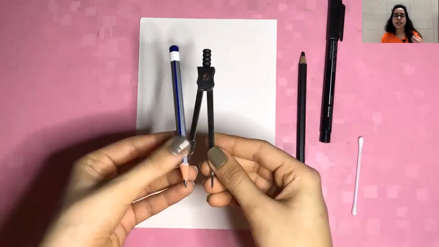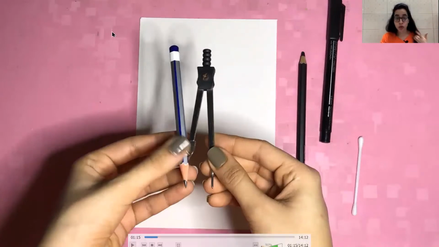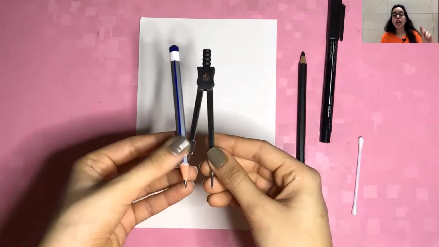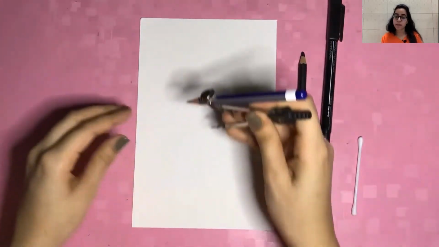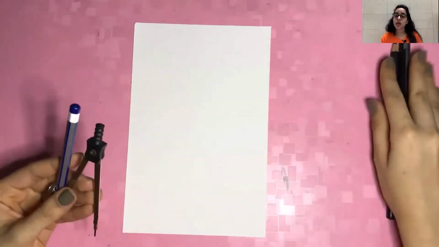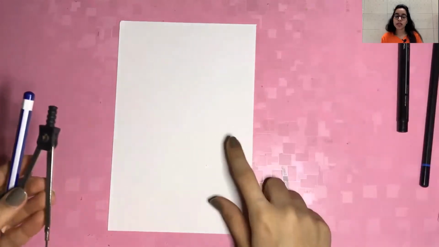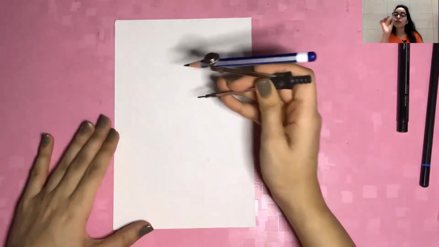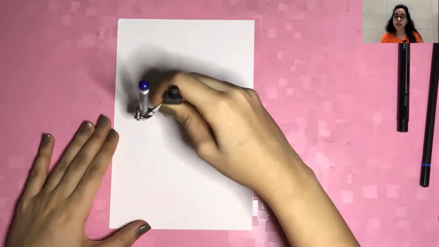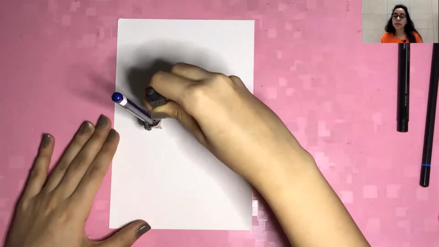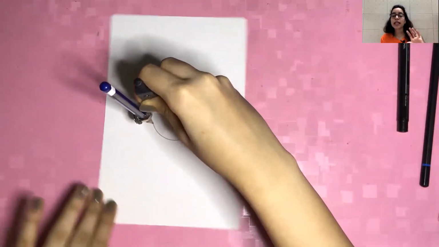So now, just for the first time, just for a few moments, I want all of you to observe it carefully on the screen. And then when I'm repeating it, you all can create along with me. Okay, so number one, what I'm going to do is take my compass, take the rounder, and I'm going to place the pointed edge of the compass roughly at the center area of the sheet. Okay, just the center area of the sheet, and I'm extending the compass a little to make a medium sized circle.